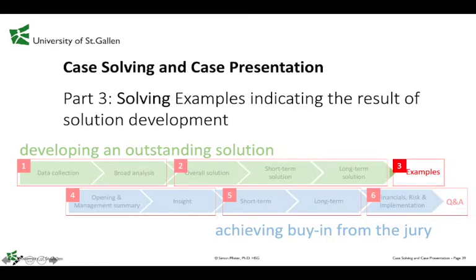In part 3 of our case solving and case presentation introduction, we are looking at some examples of how we use our 5 steps of developing an outstanding solution: data collection, broad analysis, overall solution, short-term solution, long-term solution. We discuss 4 examples.